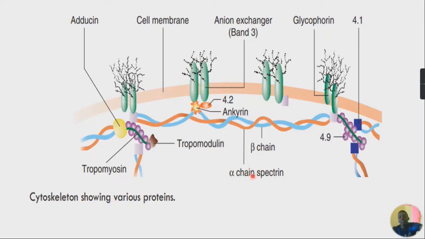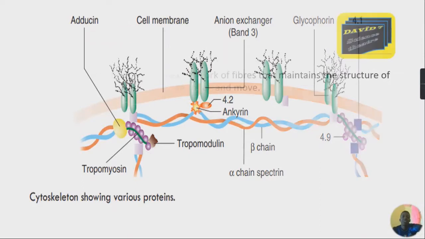We have the beta chain and alpha chain spectrins. These spectrins are very important in red blood cells. If they get damaged, then you get hemolysis of red blood cells. Then we have glycophorins, which are transmembrane proteins. The other proteins here denote proteins of the cytoskeleton.